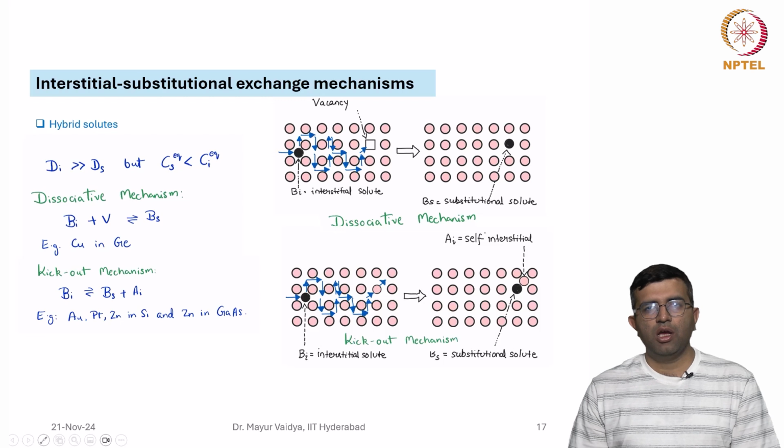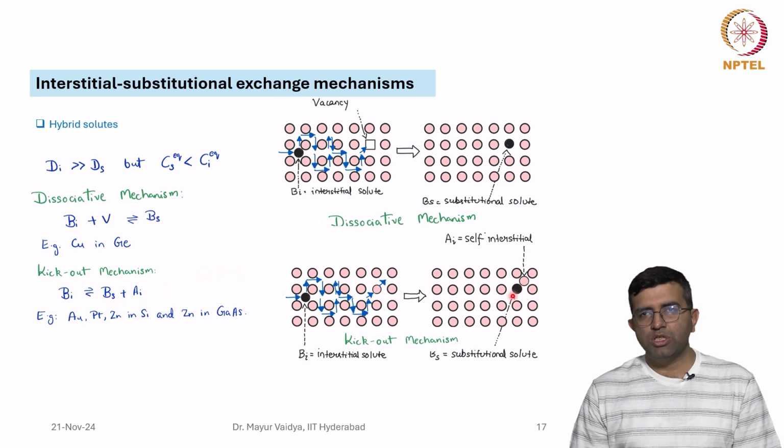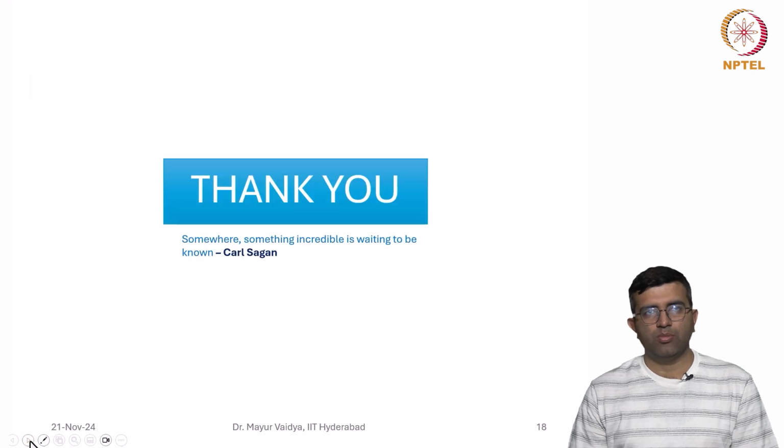That means an exchange happens, the interstitial occupies a substitutional position now, and a self-interstitial is created. So this is known as a kick-out mechanism. Okay, so the self-interstitial is created. It is found in gold, platinum, zinc solutes in silicon, and zinc in gallium arsenide, to give a few examples.